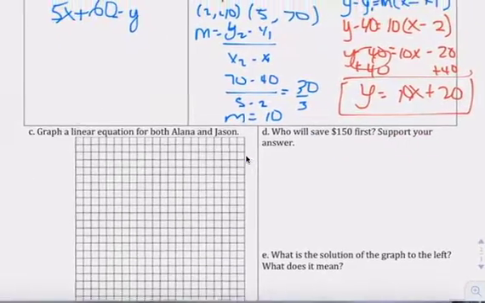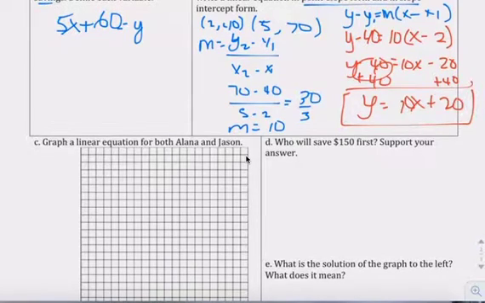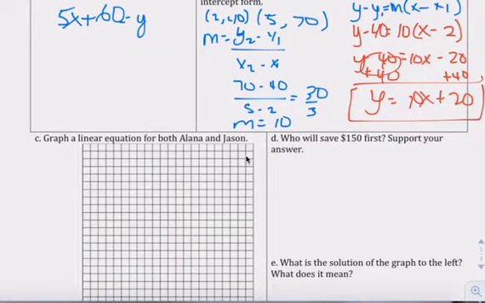Graph it. Okay, remember in class today, if you graph this, you've got two equations. You've got this one with the slope of 10 over 1, and that one with the slope of 5 over 1. Remember, the slope is a change in y. Y is on top, y2 minus y1, and x on the bottom. So we're counting by the largest y here.